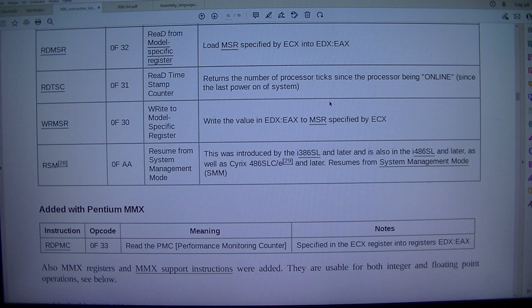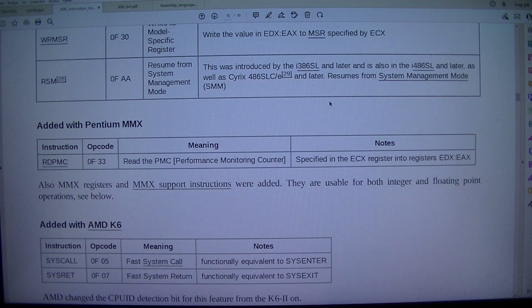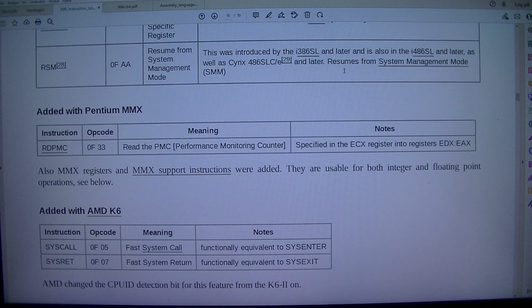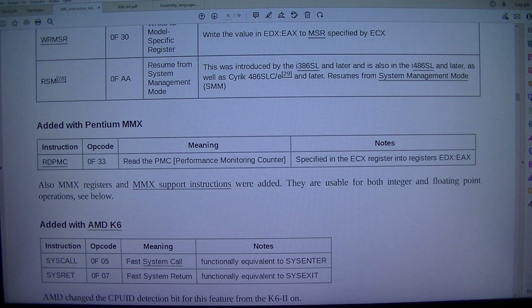This was introduced by the i386SL and later and is also in the i486SL and later, as well as Cyrix 486SLC/E and later. Resumes from system management mode, SMM. Added with Pentium MMX.